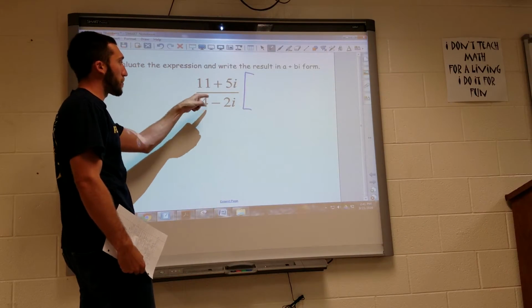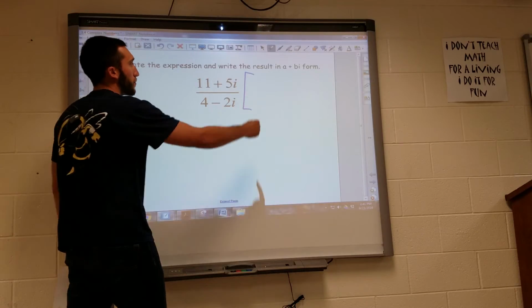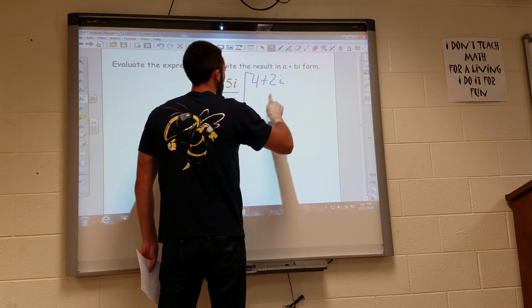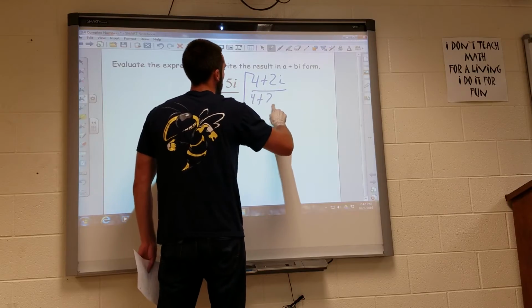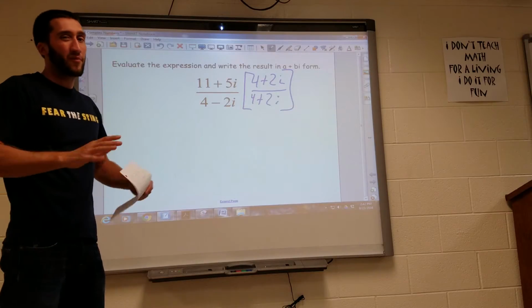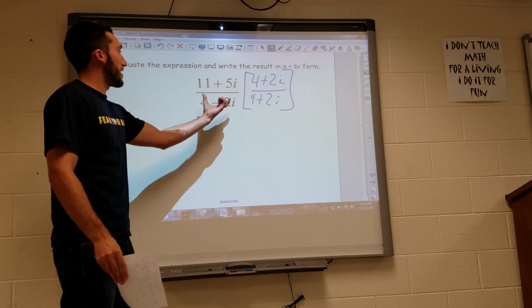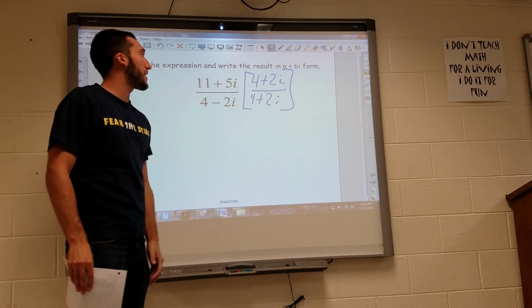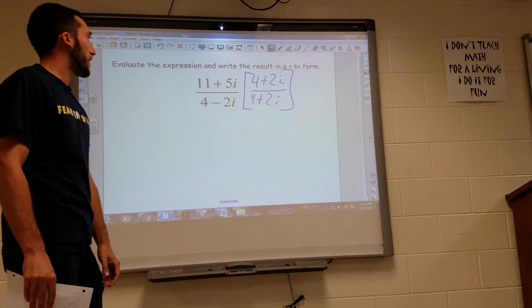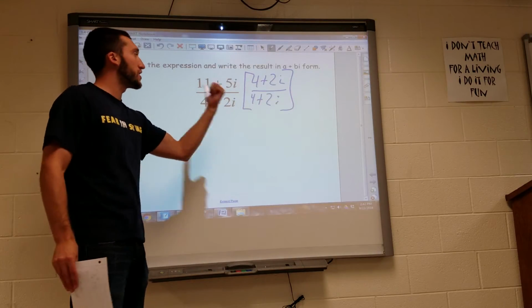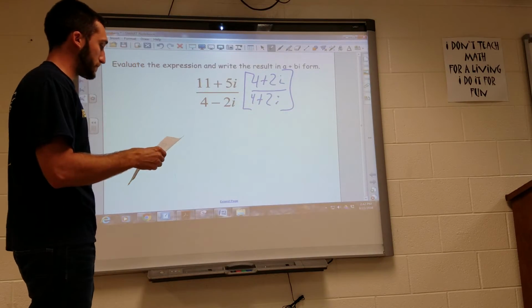So, if this is 4 minus 2i, I have to multiply by 4 plus 2i over 4 plus 2i. It's kind of like finding a common denominator in a way. Okay, so to divide complex numbers, I multiply by the complex conjugate of the denominator, and then I can go through and multiply straight across, just like I did in the previous example.